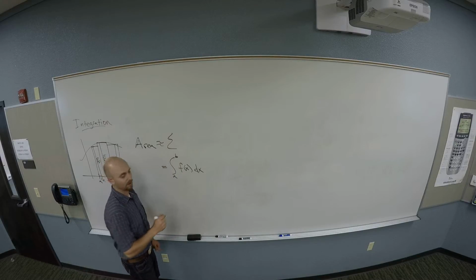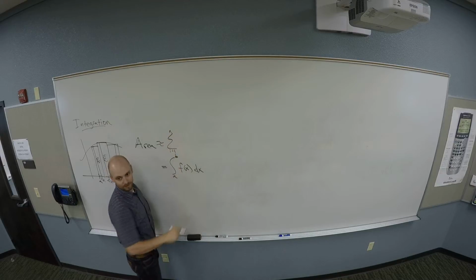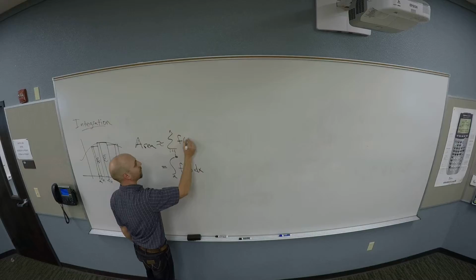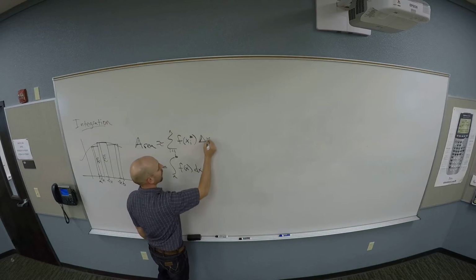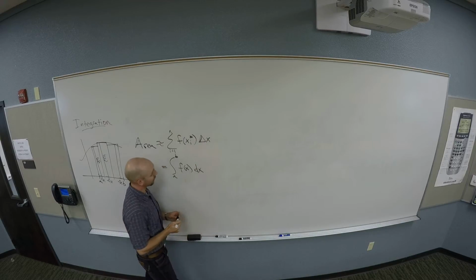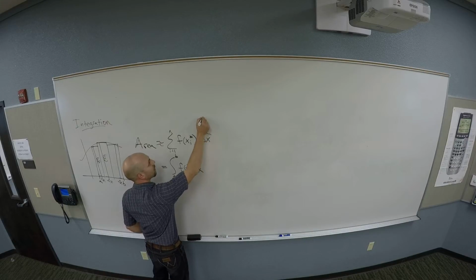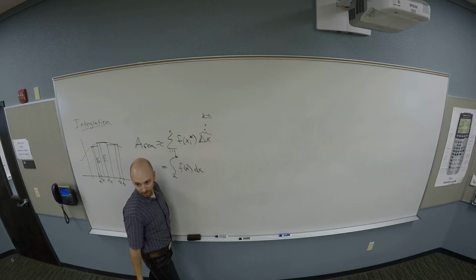Sigma, i equals 1 to n, however many bits you're splitting it into. So f of x_i star delta x, and delta x is (b minus a) divided by n, the number of intervals.